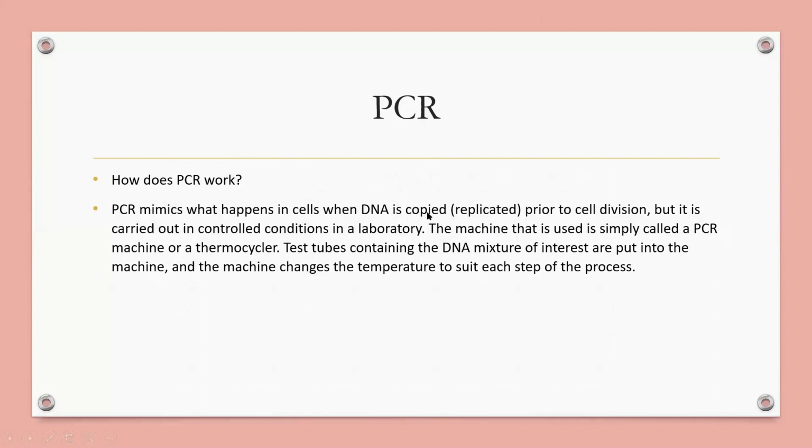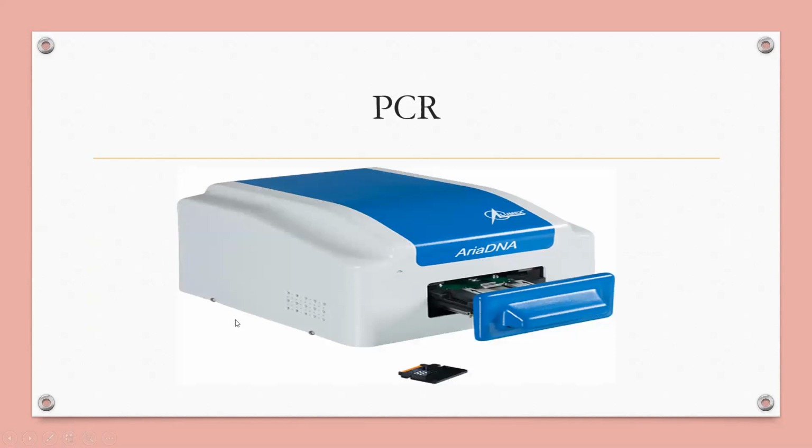When DNA is copied, or replicated, prior to cell division, it happens in the cell, but here it is carried out in controlled conditions in a laboratory. The machine that is used is simply called a PCR machine or a thermocycler. Test tubes containing the DNA mixture of interest are put into the machine, and the machine changes the temperature to suit each step of the process. Do you understand? This is the PCR machine.